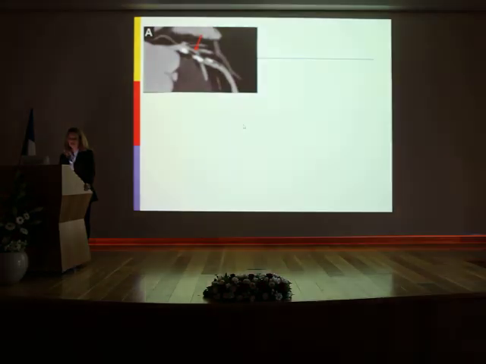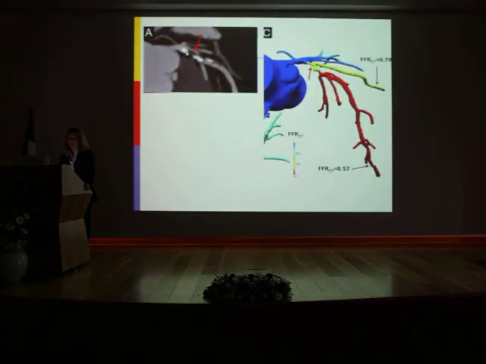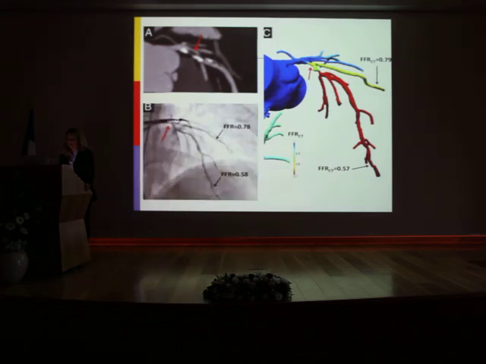And another lesion here in the proximal LAD with a very significant reduction of the FFR in the distal LAD and less significant in the diagonal branch. And these are the CT measurements, and the gold standard invasive coronary angiography measurements were actually very, very similar.